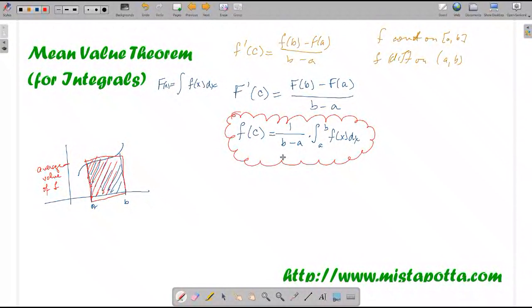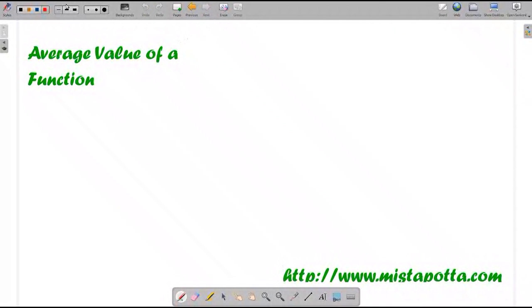And so it ends up being the integral from a to b divided by b minus a. In other words, the area divided by the base should give me the height. So I want to go through a couple of examples of finding the average value of a function.